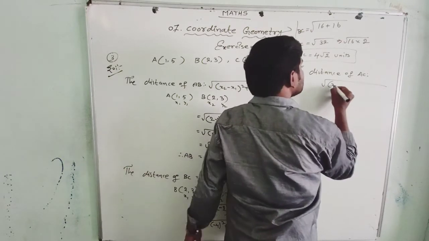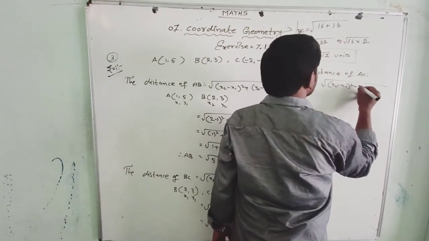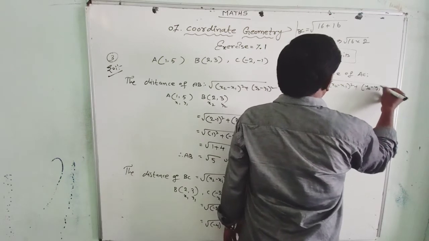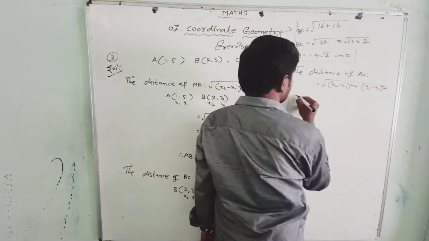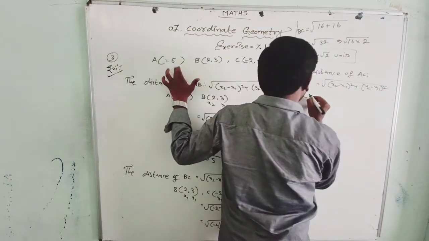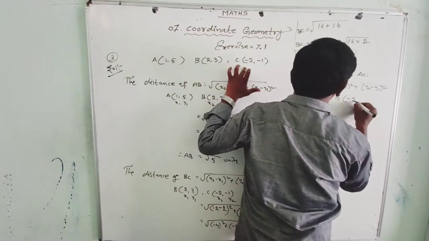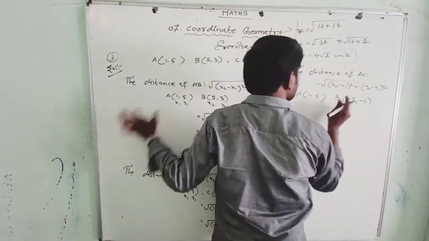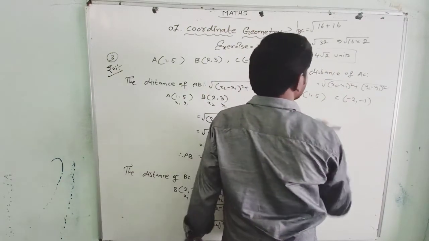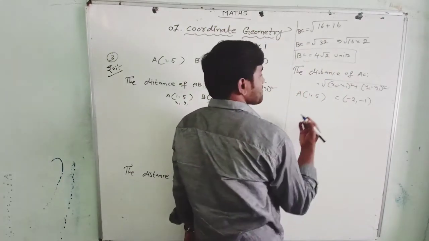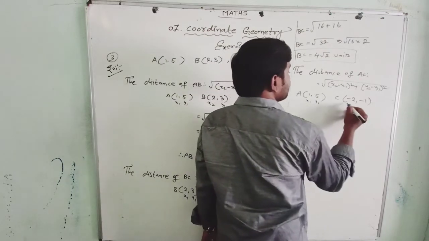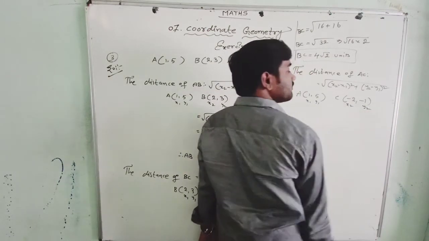What's the formula here? Same: x2 minus x1 whole square plus y2 minus y1 whole square. Point A is 1 comma 5 and point C is minus 2 comma minus 1. For the AC distance, x1 comma y1, x2 comma y2.